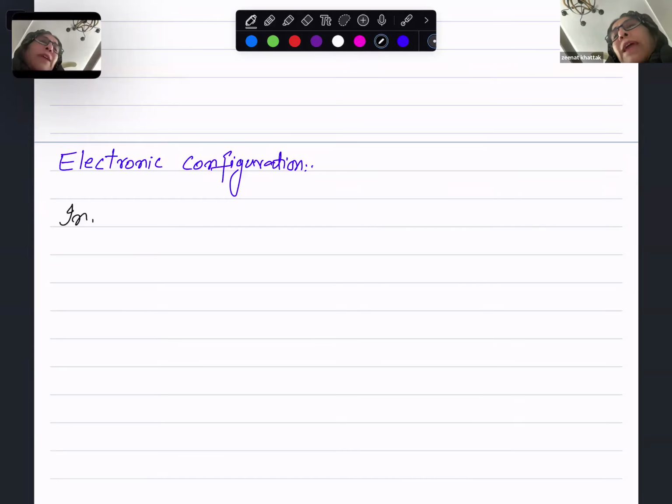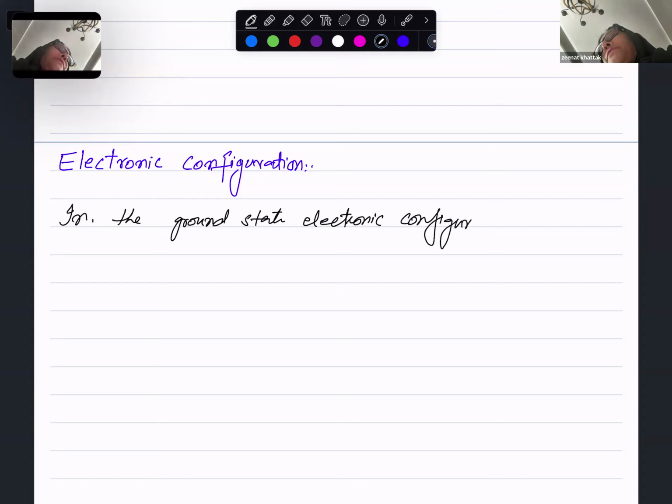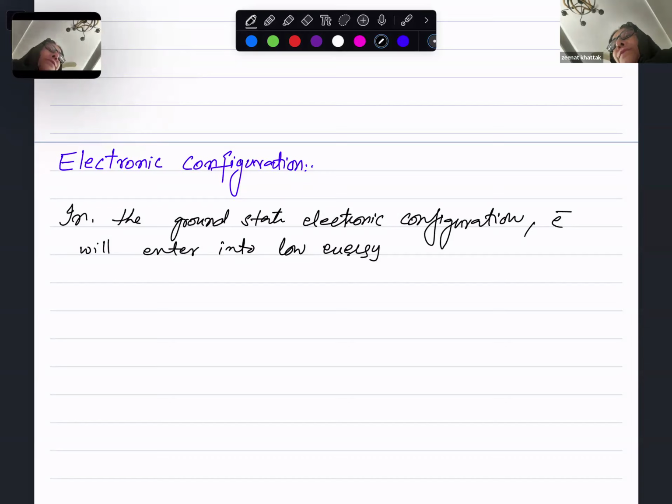In the ground state electronic configuration, electrons will enter into the low energy orbital or shell first.